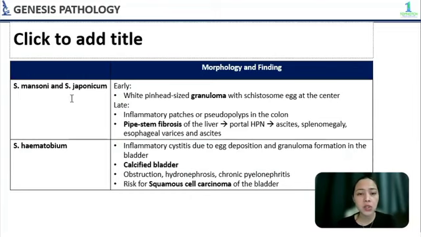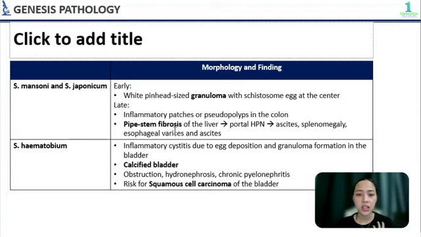In Schistosoma mansoni and japonicum, there is initially a white pinhead size granuloma with schistosome egg at the center. Yung gusto kong tandaan nyo dito is that this can cause pipe stem fibrosis of the liver. So dahil nga may fibrosis, so nagkakaroon ka ng portal hypertension, giving rise to this manifestation, ascites, splenomegaly, and esophageal varices.